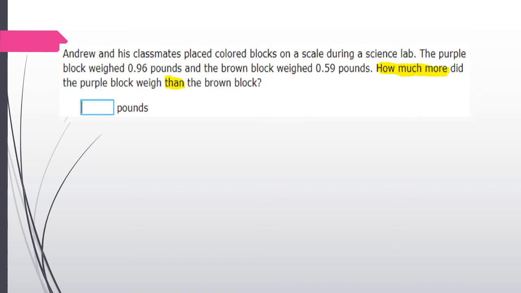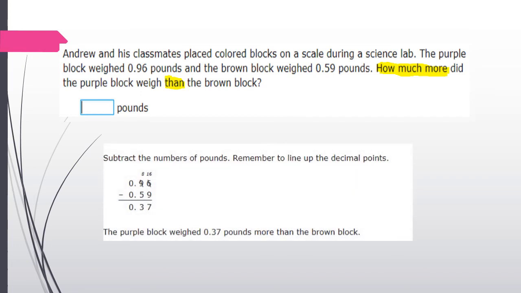Difference means subtraction. So I will do 0.96 minus 0.59. Line up these numbers, decimal point below decimal point, and start subtracting from right to left. Our answer will be 0.37. Excellent. This is the difference between the purple and brown block.